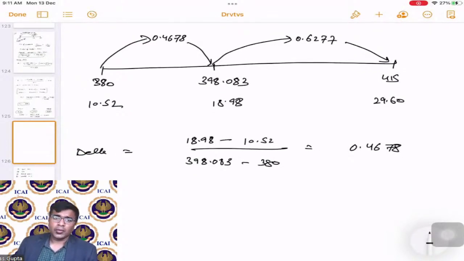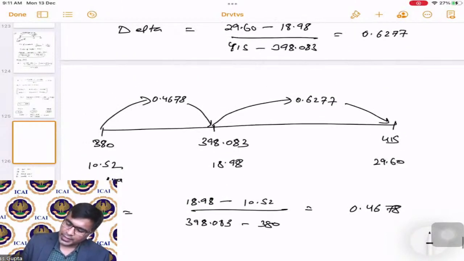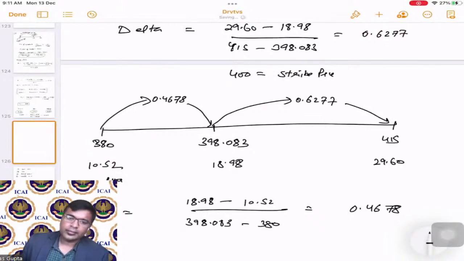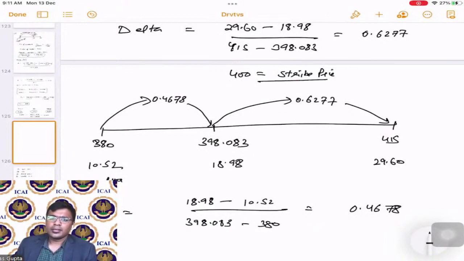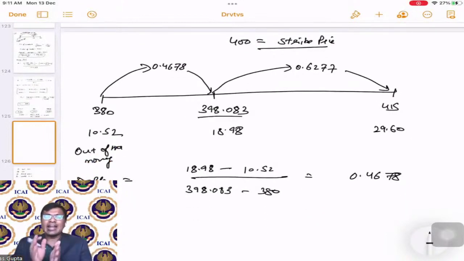Okay. Now, this is out of the money. Why out of the money? Because what is the strike price? Strike price is 400, correct? This, I am assuming that it is slightly at the money, correct?